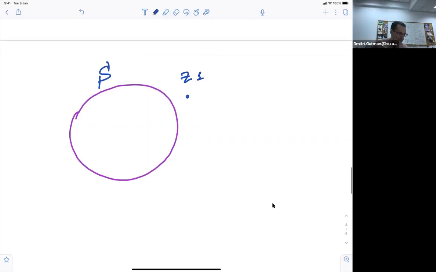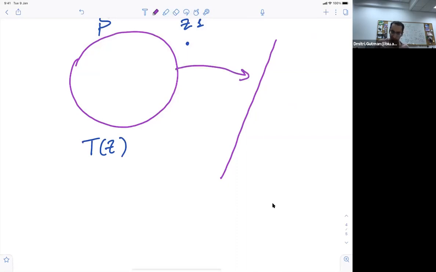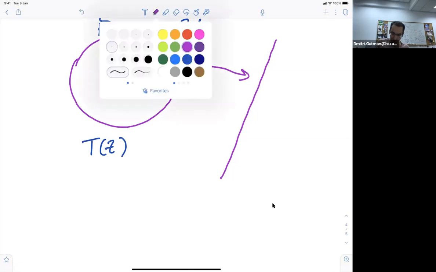Okay, so what we do, we construct a Möbius transformation T of Z such that it sends this circle into a straight line. So T of S sends the circle into a straight line.